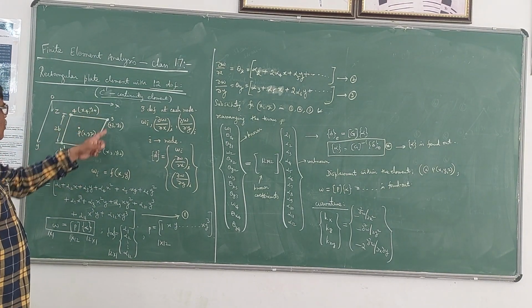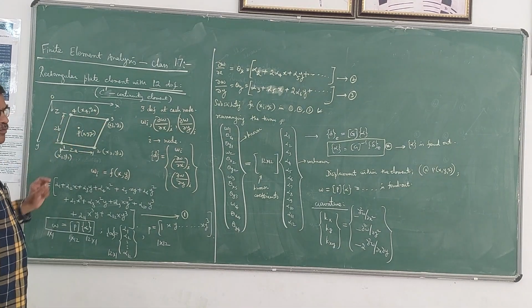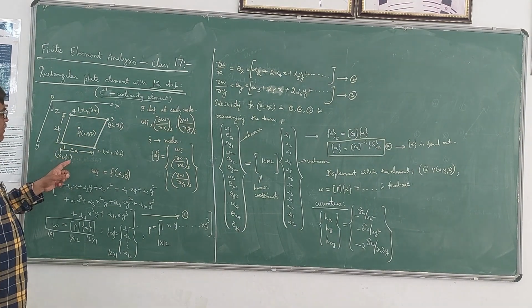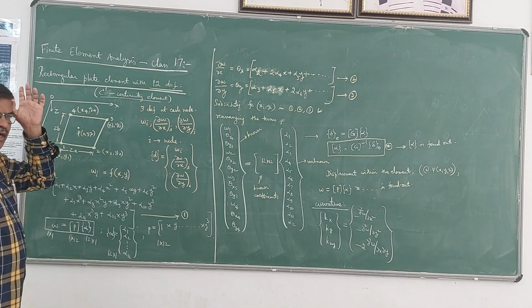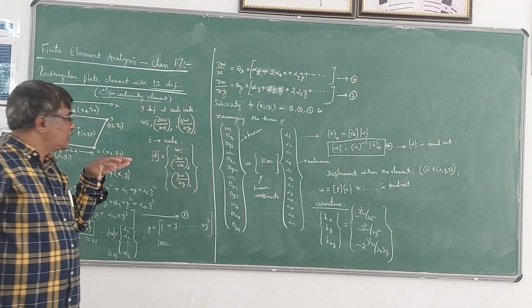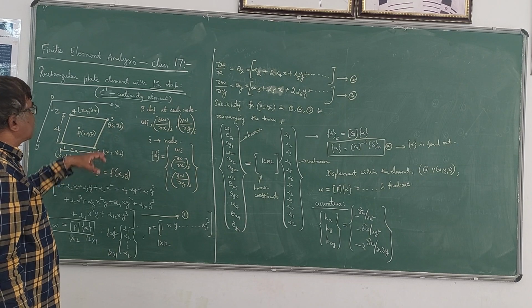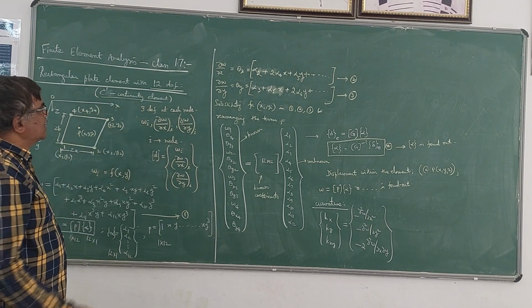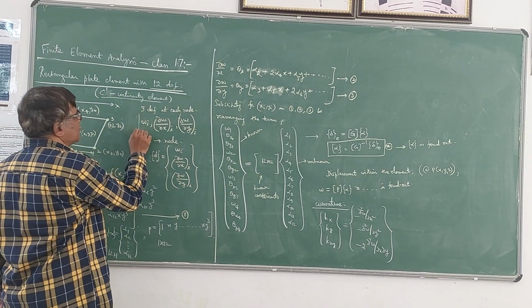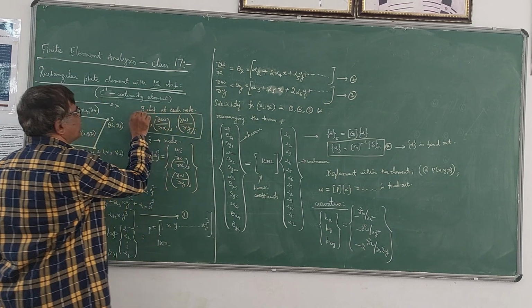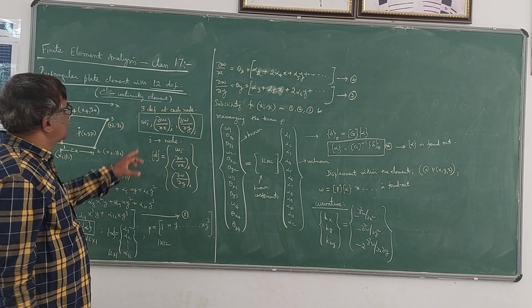So there are 4 nodes, 1, 2, 3, 4, with the coordinates x1, y1, x2, y2, etc. So if they are having 3 degrees of freedom at each node in a C1 continuity element, these are the 3 degrees of freedom at each node.